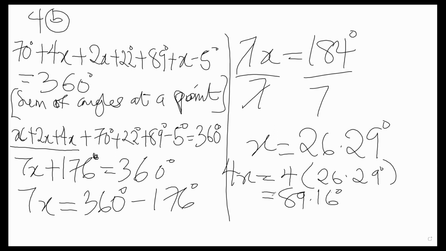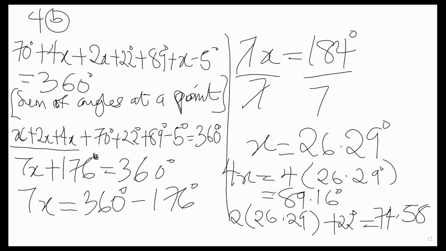And the last angle, which is 2x plus 22, will be 2 times 26.29 plus 22 degrees, which is going to be 74.58 degrees.